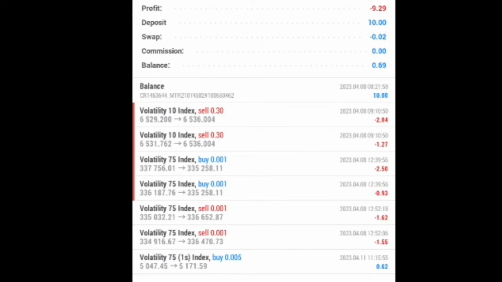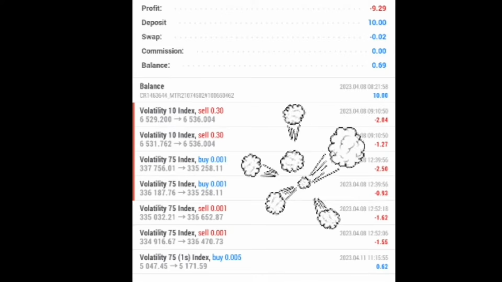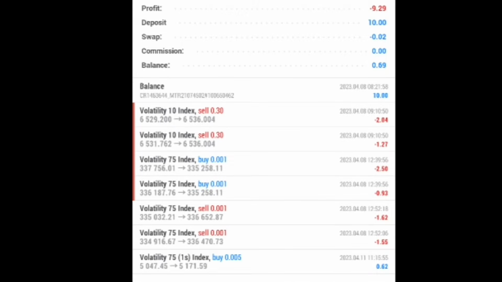As you can see right there, I ended up blowing this account, and at that particular moment the remaining balance was 0.09 US dollars.